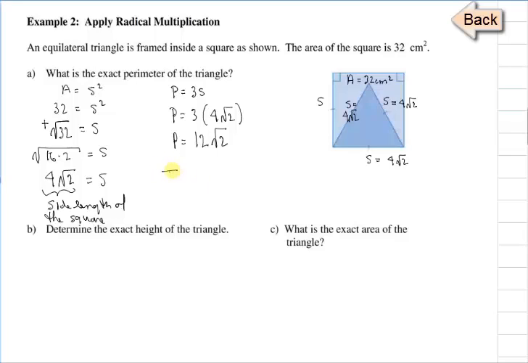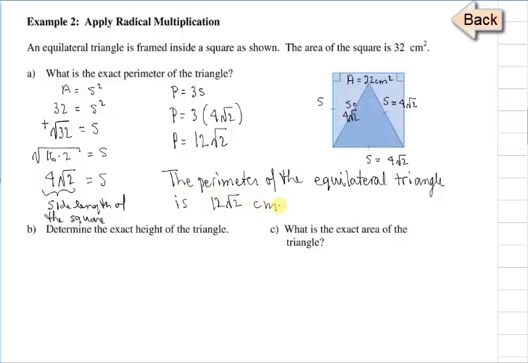And so we write that the perimeter of the equilateral triangle is 12 square root 2 centimeters. Okay, and why do we call this an exact perimeter?